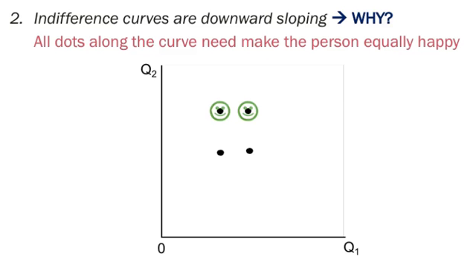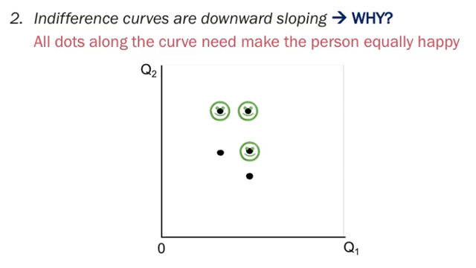Let's consider a dot that is just east of the original dot. People would not be indifferent between these 2 bundles of things because this new eastwardly dot gives you more of the good that's on the horizontal axis, but the same amount of good that's on the vertical axis.